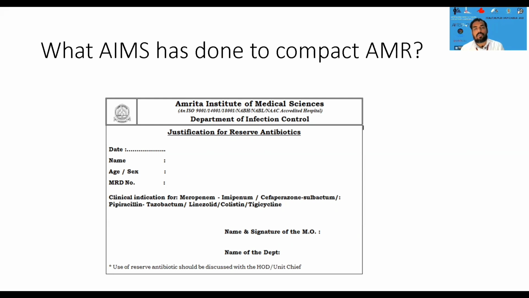We started with a small form where the clinicians are asked to write a justification while giving reserve antibiotics. That's all. We didn't pose any hindrances. We just asked them to write this justification form. So this acted as a small step that will go a long way.